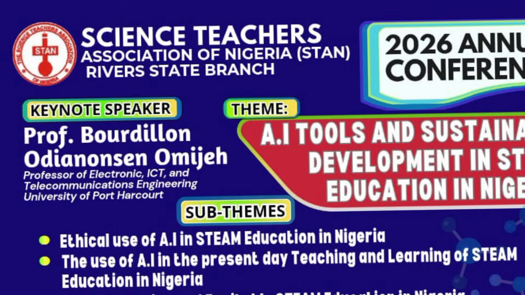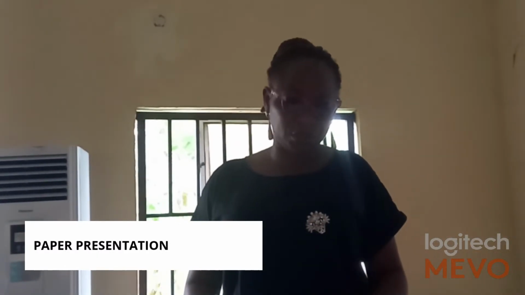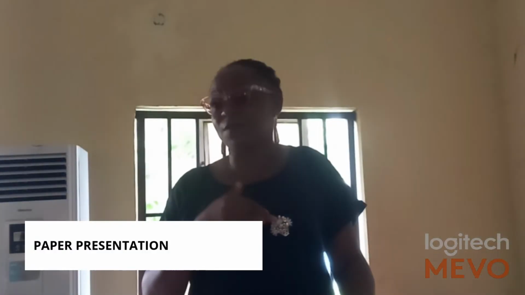So in Nigeria, we are faced with a lot of challenges to delivering quality education. Inclusive and equitable education addresses these systemic gaps by ensuring that all learners, irrespective of gender, socioeconomic background, disability, or geographic location, are provided with meaningful learning opportunities.